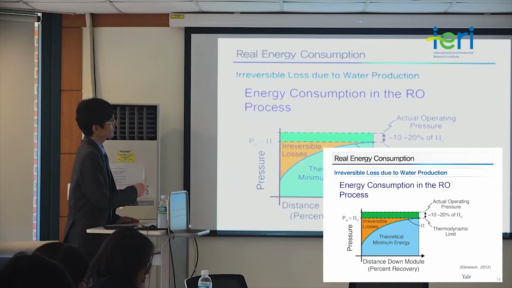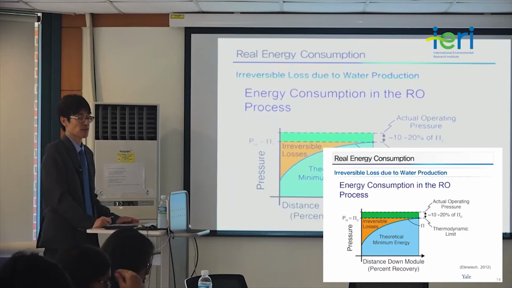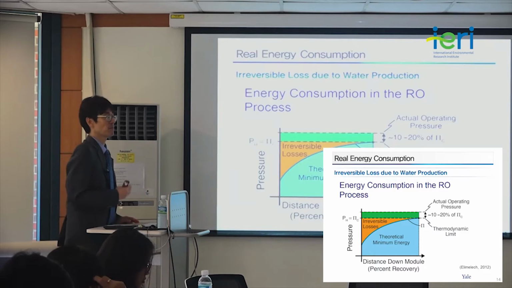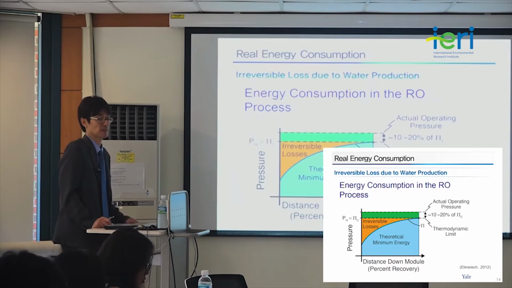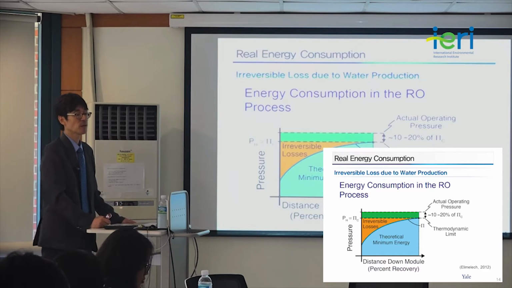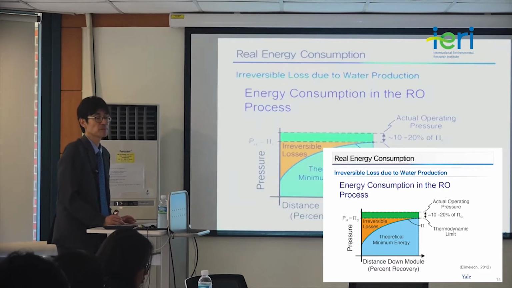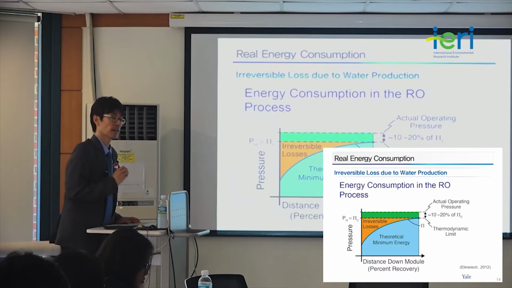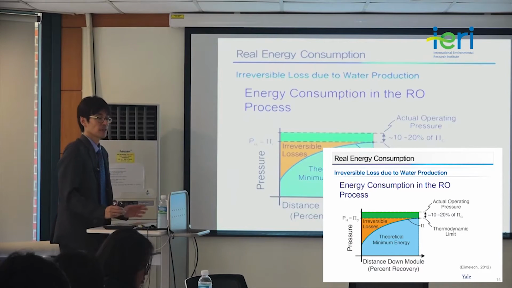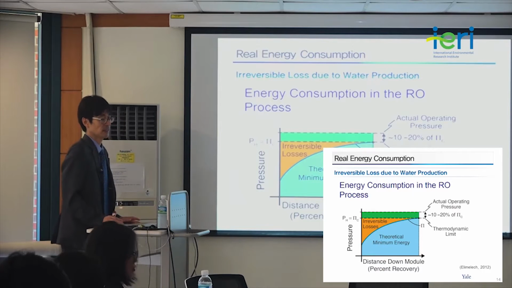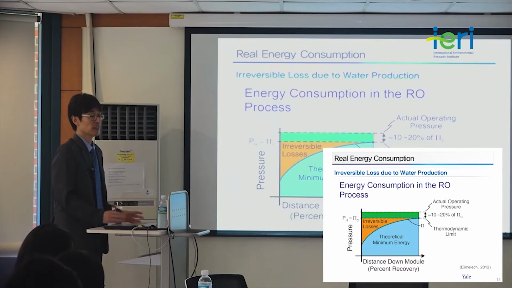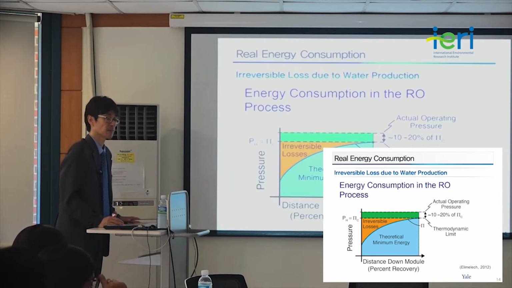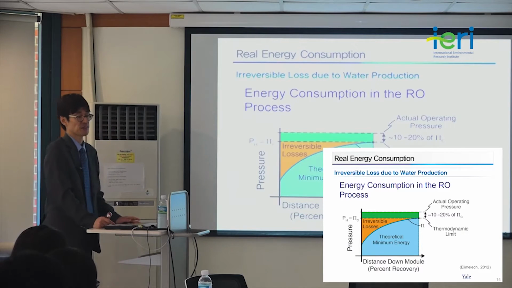In addition to these three different types of energy consumption, in practical cases we will have other types of energy consumption. For example, if you use a high pressure pump, you supply electricity, but this pump cannot fully utilize this electricity. In other words, this pump cannot have a 100% conversion ratio from electricity to mechanical energy.